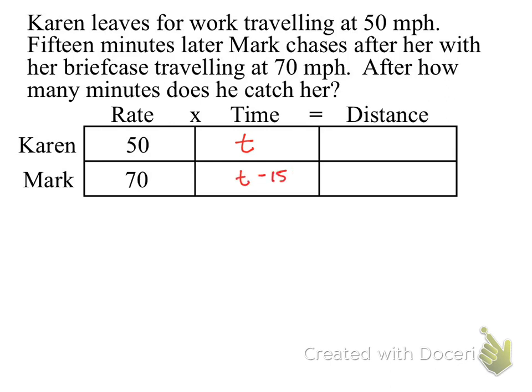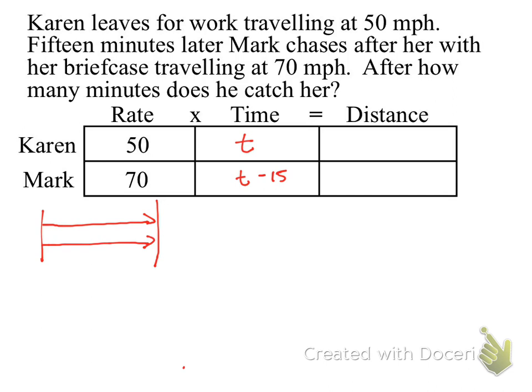He's traveling 15 minutes less, because he leaves later. She doesn't stop and then he travels for 15 more. He just drives faster and catches her. It's kind of like a race. Here's Karen and she's leaving. 15 minutes later, he starts and he catches her. She never stops. They're both going at the same time.